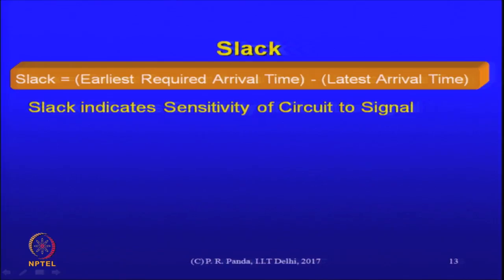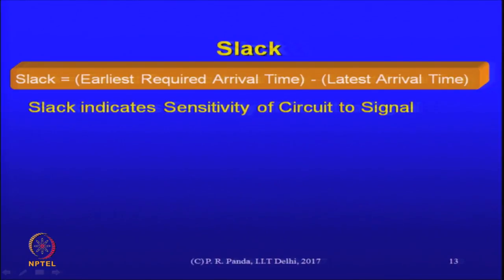Okay. In the process, you could compute what is called a slack, which is the difference between the earliest required arrival time and the latest arrival time at the input of a gate, say.